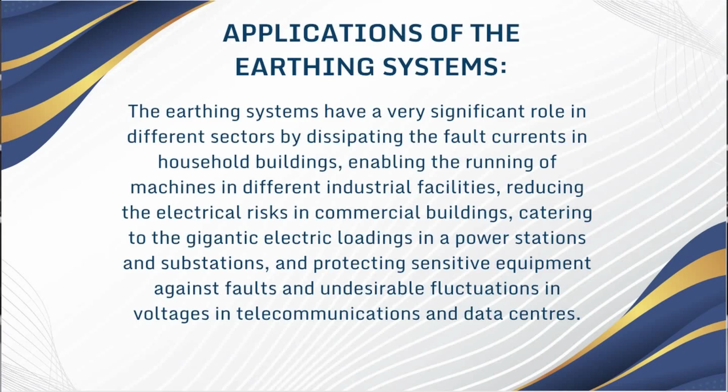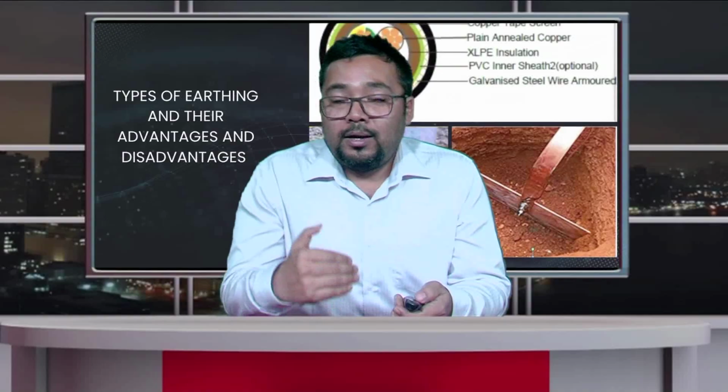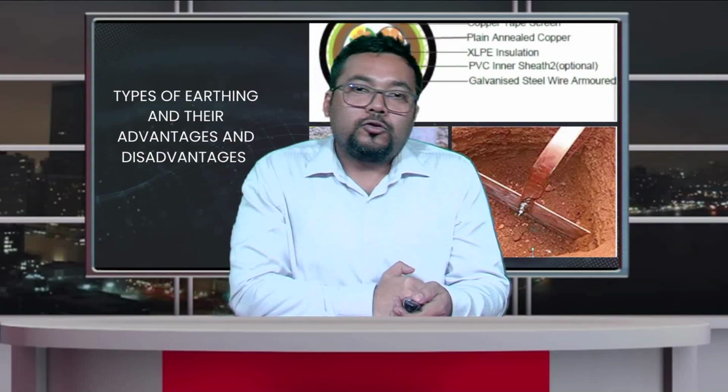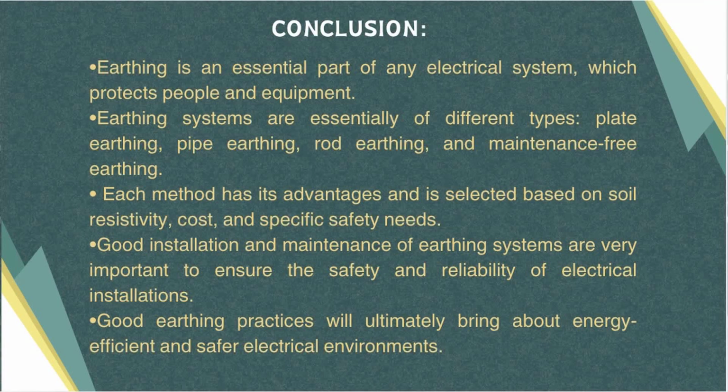It also enables the running of machines in different industries, reduces the electrical risk in commercial buildings, and caters to the gigantic electric loadings in power stations and substations, etc. So it helps keep all these instruments, industries, and buildings safe by reducing the fault current efficiently to the ground.